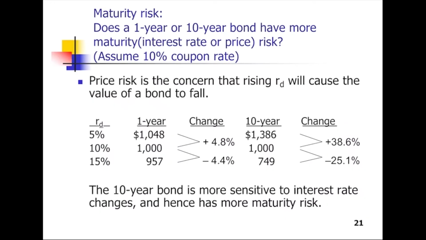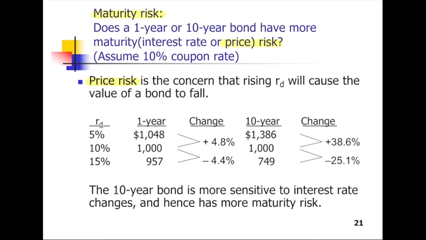This slide shows the maturity risk. We already know the long-term debt is riskier than short-term debt. Now we learn more detail. Maturity risk we also call the price risk. The price risk is concerned that a rising RD lowers the value of the bond relative to par.